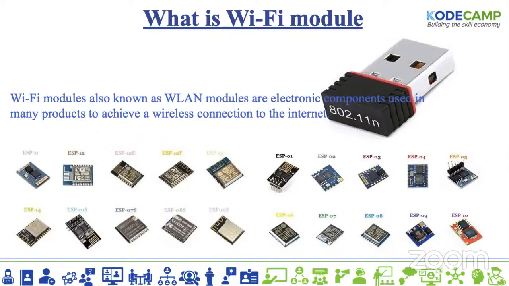Now, secondly, some of them have an onboard antenna, and some of them do not. Those that have an onboard antenna have a somewhat limited distance. But those like the ESP07 and 08 have an external antenna.